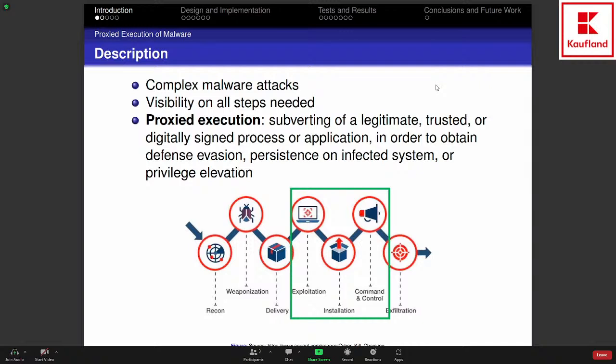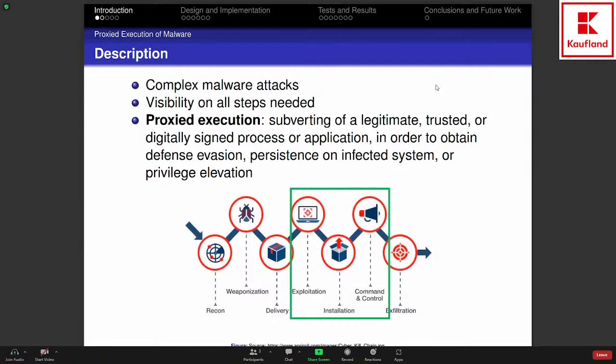You then somehow infiltrate the target through emails or remote code execution or whatever. So there are many techniques for that. And then once you're inside, your objectives change. What you try to do is maintain persistence and evade detection by antimalware.